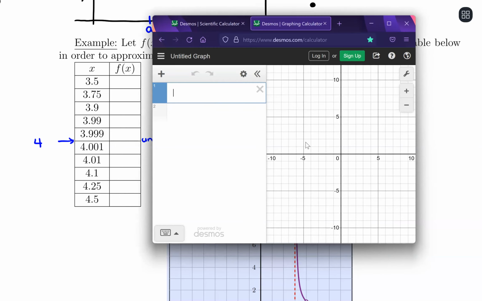In the Desmos graphing calculator, above where we typically write in our function, we have this little plus symbol that stands for add item. And what we can do is create a table. If I create a table, it's going to have an x1 side and a y1 side. We want to define the relationship between x1 and y1.